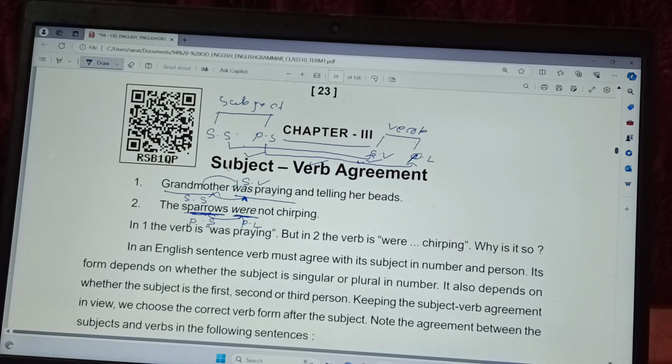So subject verb agreement means we know that the singular subject agrees with the singular verb, and the plural subject agrees with the plural verb. You will be better able to clarify what subject verb agreement means. Next guys, we go to the table.